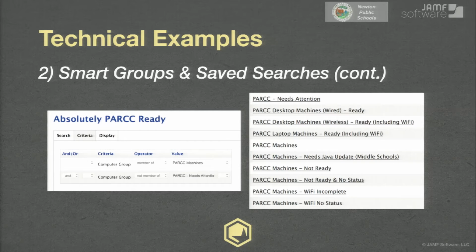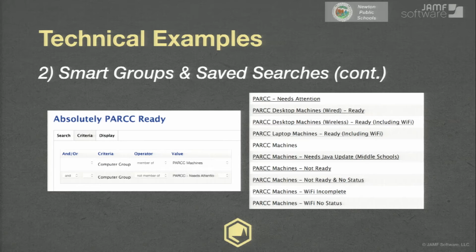In the end, we probably had 30 groups and 30 saved searches called park, and it was really confusing. So I made myself one in the end called absolutely park ready. And that was the one. That's the one that I was watching to see how many of those 1,600 machines were ready on my JSS dashboard, how many were green versus red. And you can see the scope on that policy is computer group is member of park machines and not a member of needs attention.